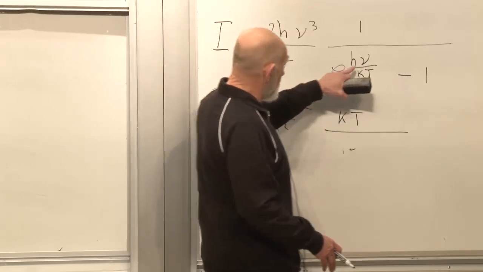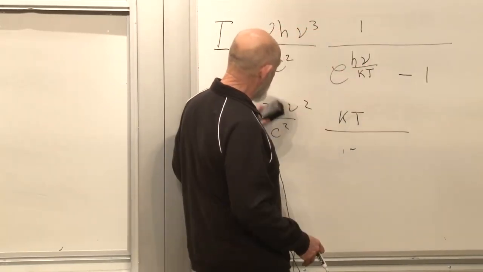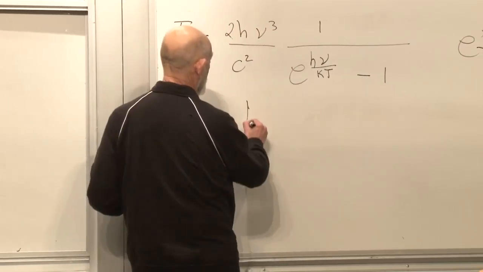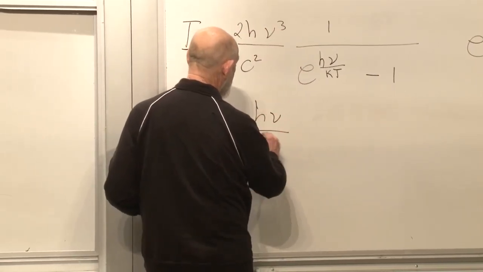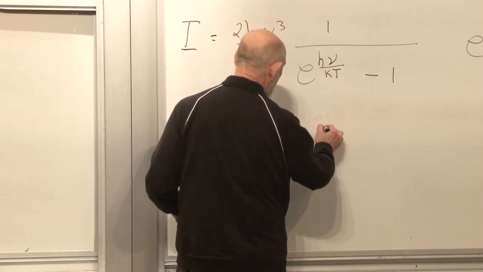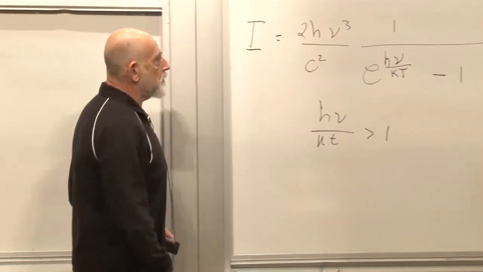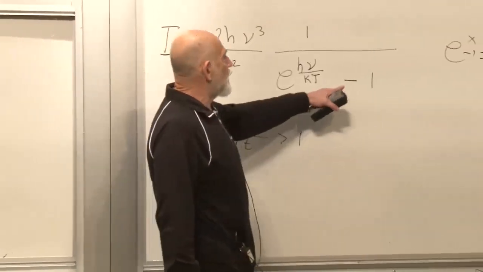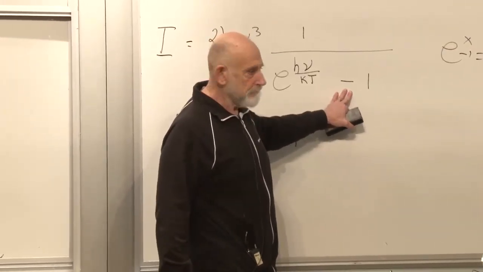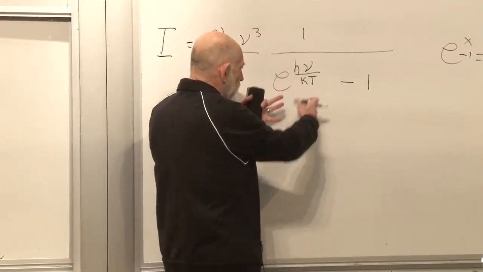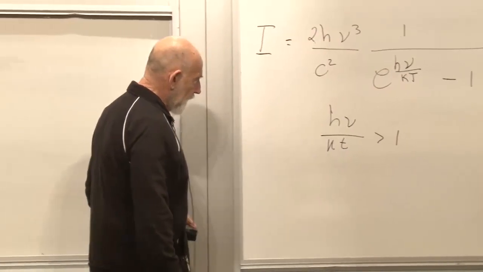So as nu becomes large, in particular when h nu over kT starts to become bigger than 1, this exponential starts to get large. In fact, it becomes so large that the 1 isn't even important here, and this whole factor just becomes exponentially small.